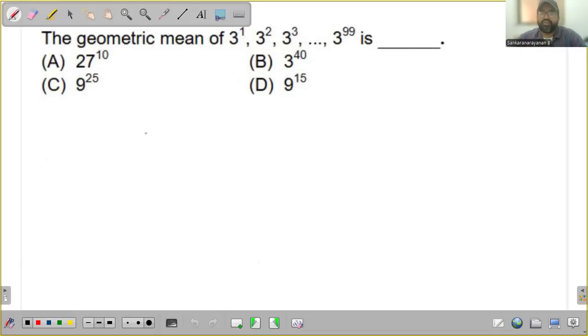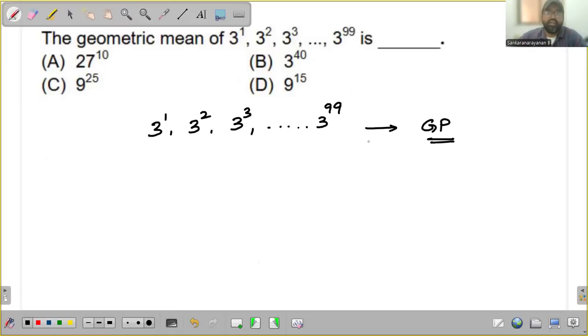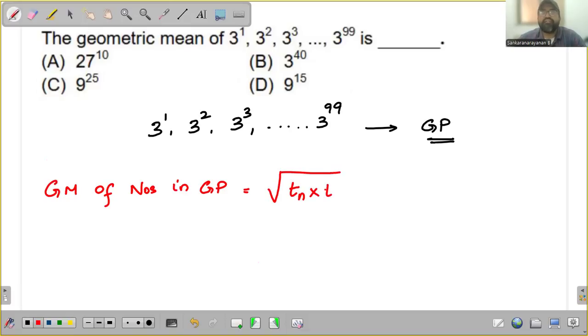But if I observe 3 power 1, 3 power 2, 3 power 3, etc., up to 3 power 99, all these terms form a geometric progression. The shortcut way of doing this question is that the geometric mean of numbers in geometric progression is nothing but the square root of the product of the last term and the first term.